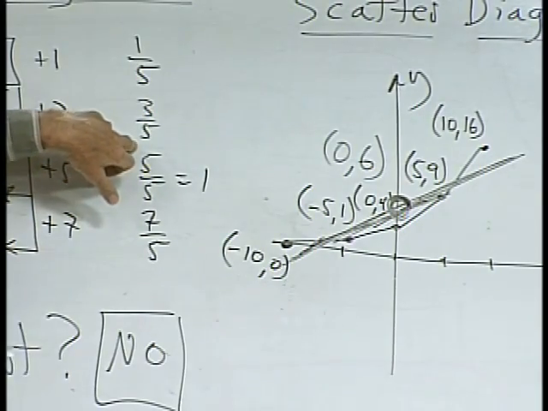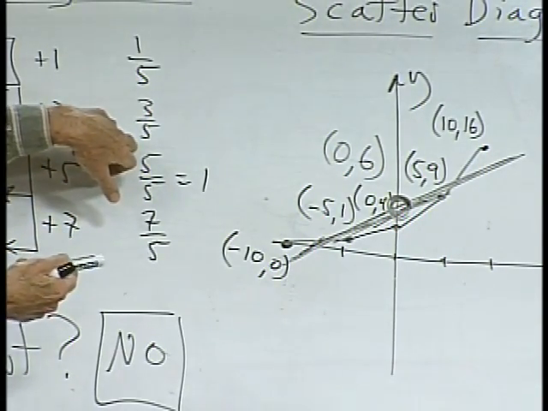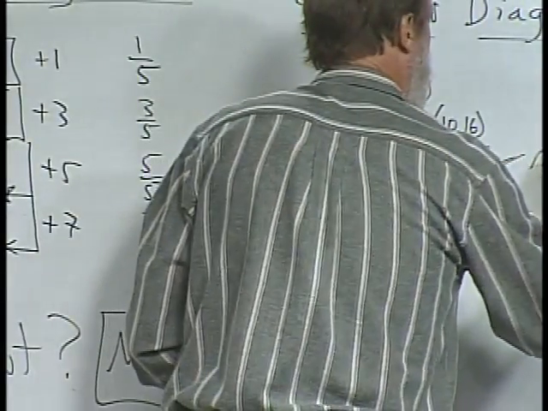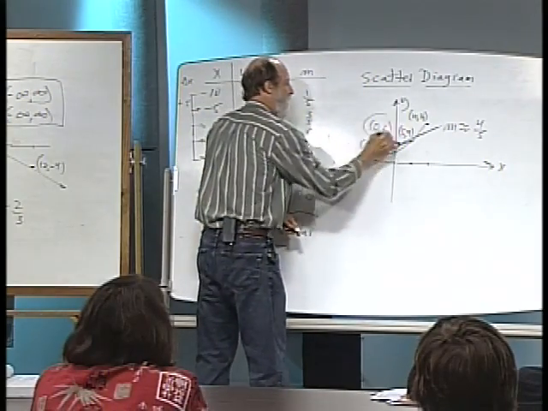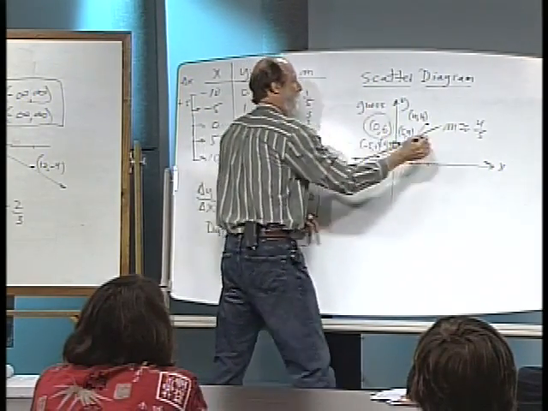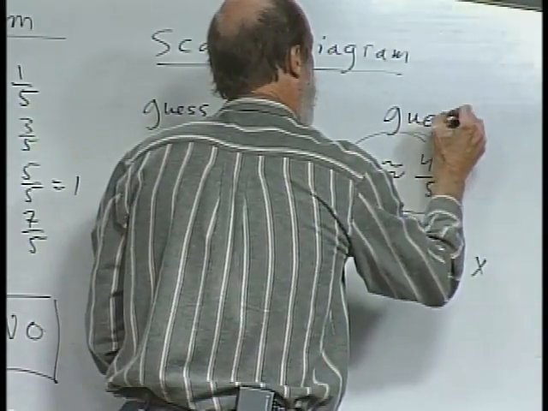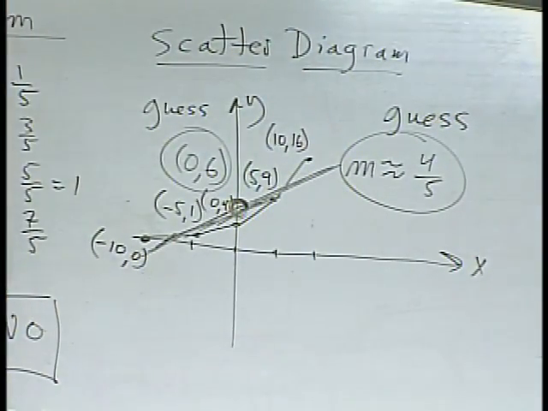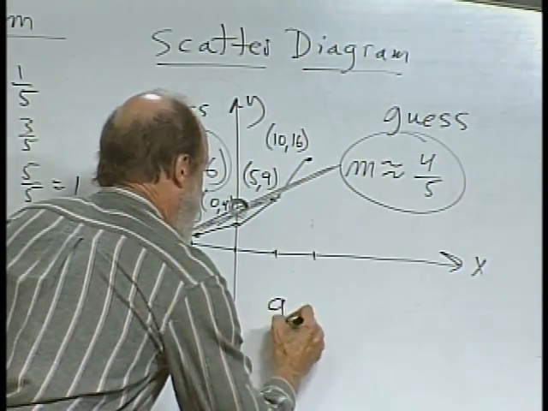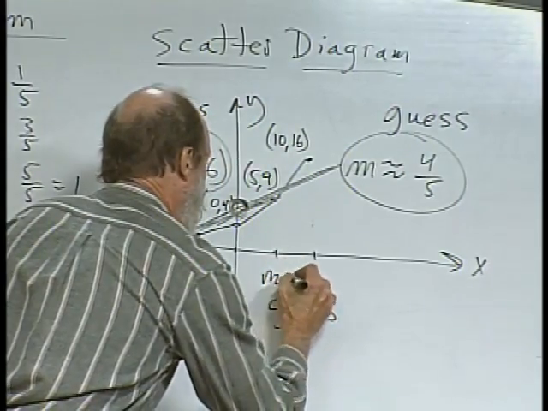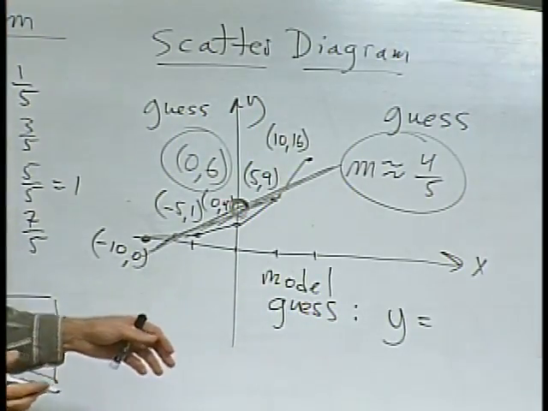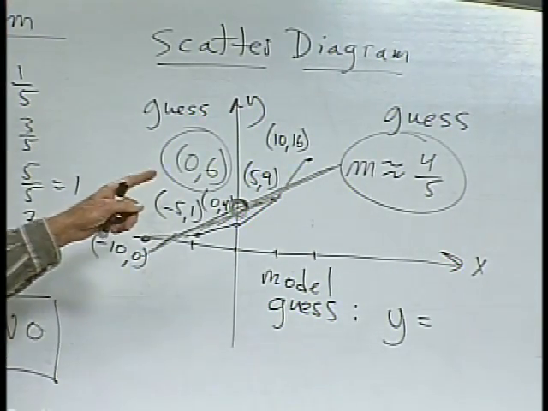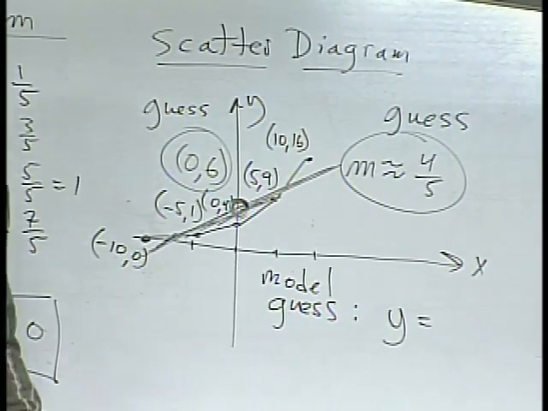And it's just guessing based on the picture. Okay? So if I guess a y-intercept, this is a guess, and I guess a slope of 4 fifths, then my data model, this is my model guess, would be y equals 4 fifths x plus 6.